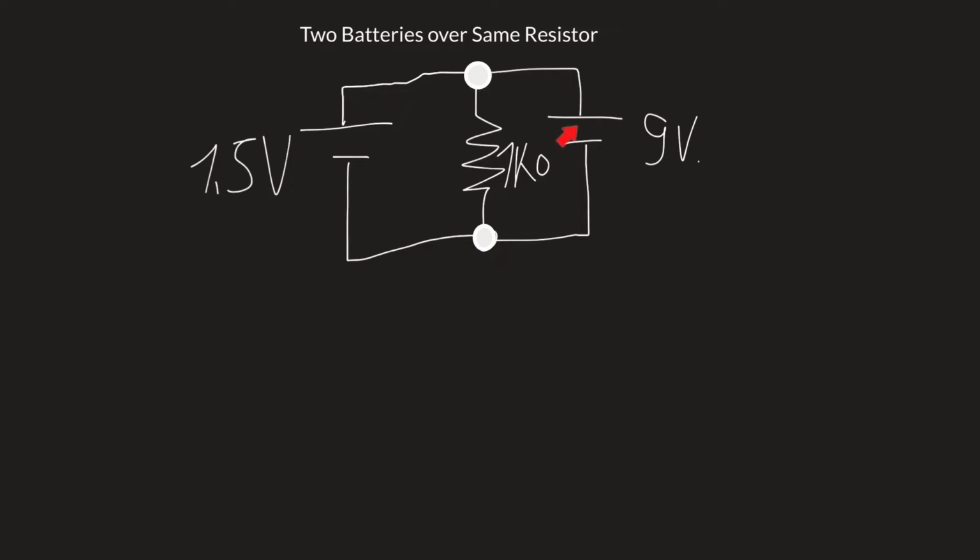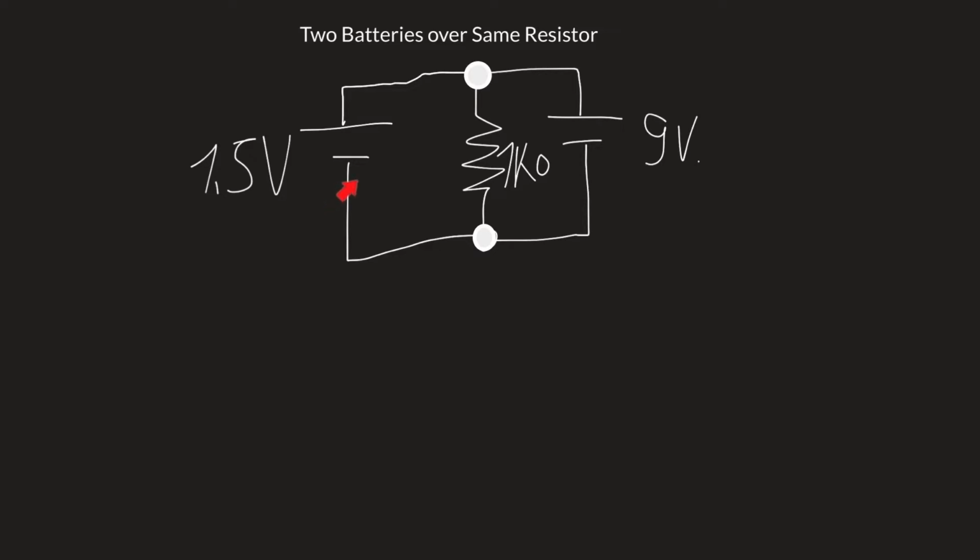This is 9 volt, and then we go here, and then we would have 7.5 volt, because if this 1.5 volt is in the opposite orientation, we would be left here with 7.5 volt.